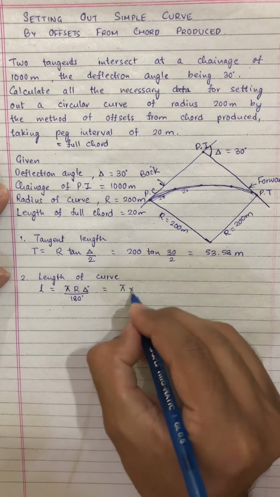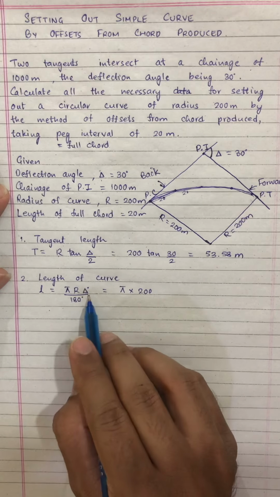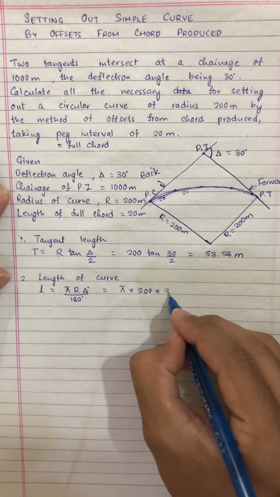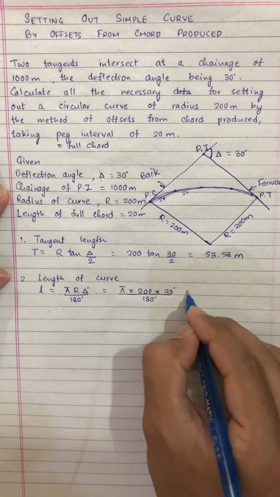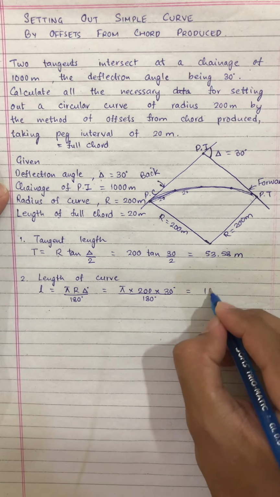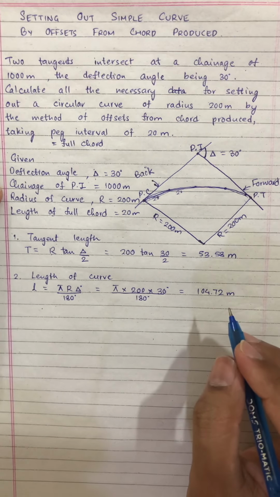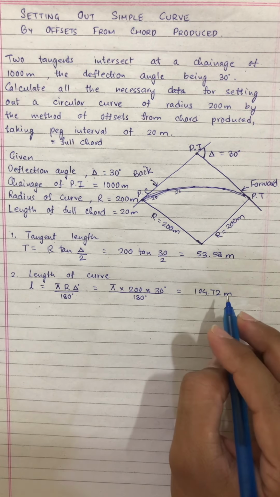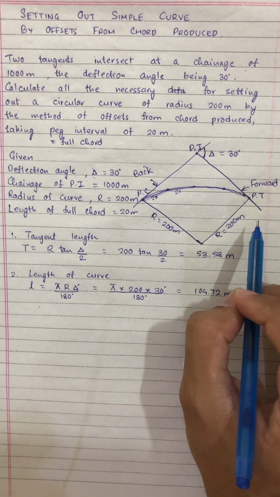So pi multiplied by 200, and this deflection angle is 30 degree, whole divided by 180 degree. On calculating, this comes out to 104.72 meter. Now we have calculated the length of curve.